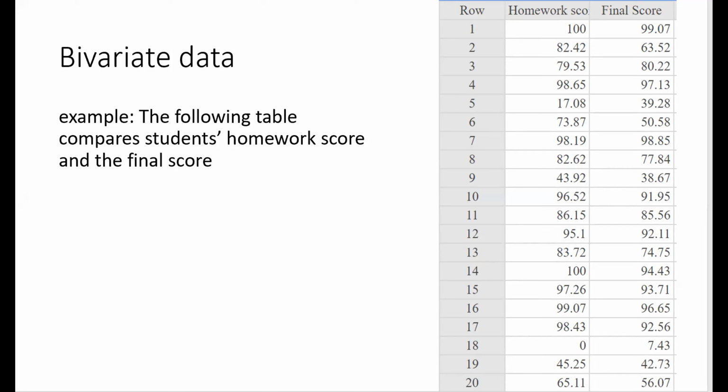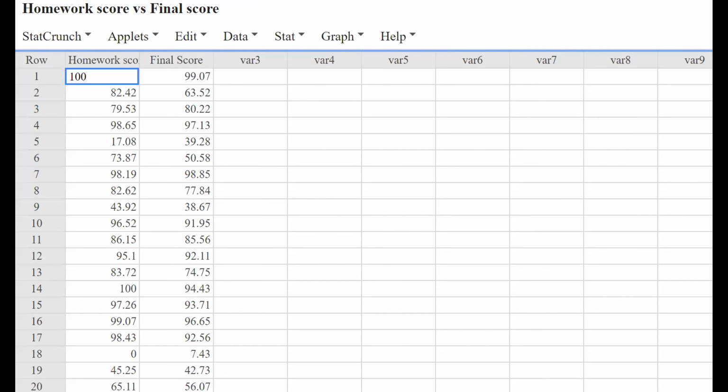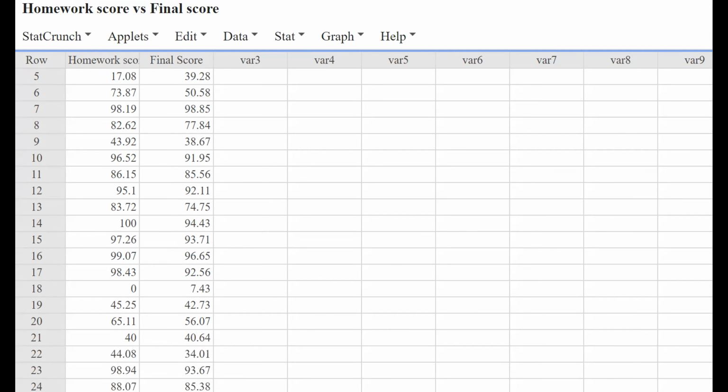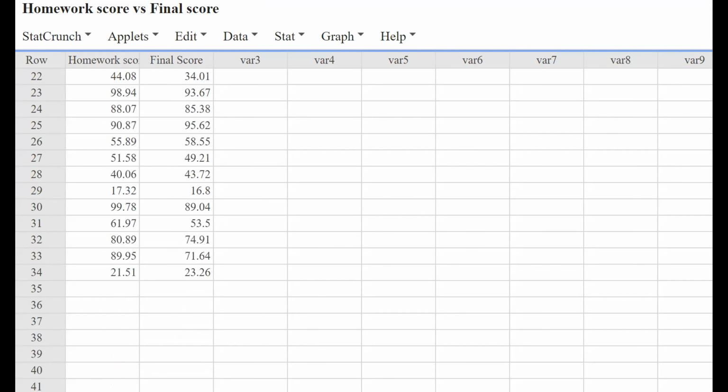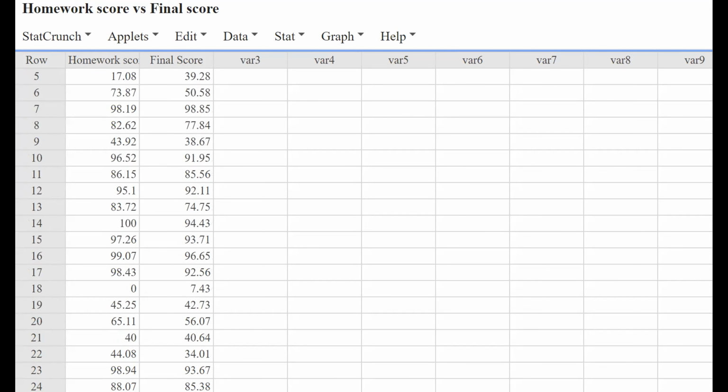I just wanted to look at whether there is a correlation between the homework score and the final score. Let's figure it out. What would be your prediction? There are a lot of data values here. You cannot see everything, but I have 34 data values.